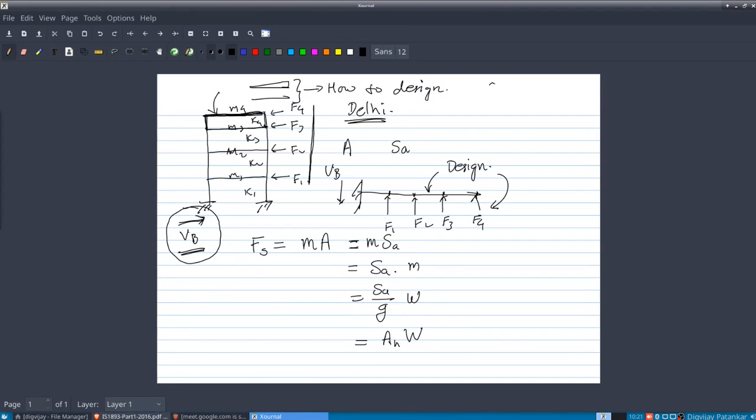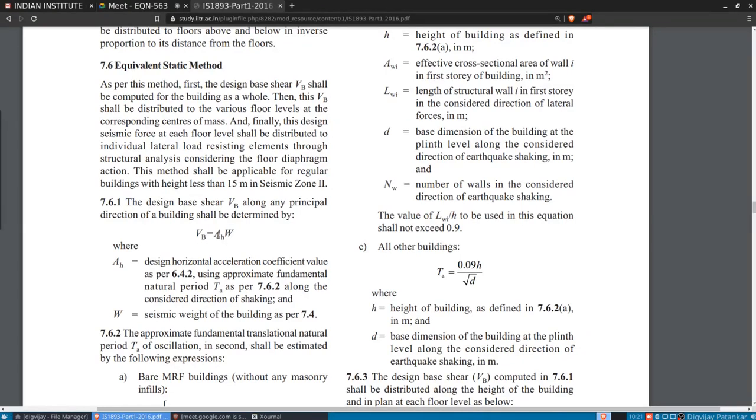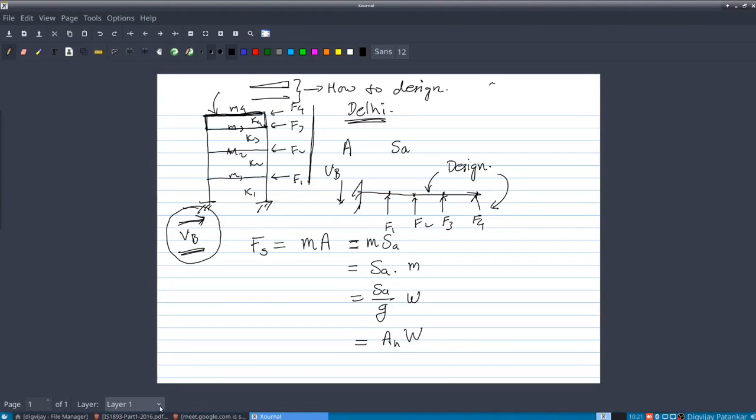So that same expression you will see here, AH into W. Same thing what I discussed in the first lecture itself, that this Fs itself is nothing but Vb, base shear, and you find out AH. AH is a function of SA and some other factors also. I should not write it here as equal to, but let it be. This AH is a function of SA and some other parameters, and this is seismic weight.